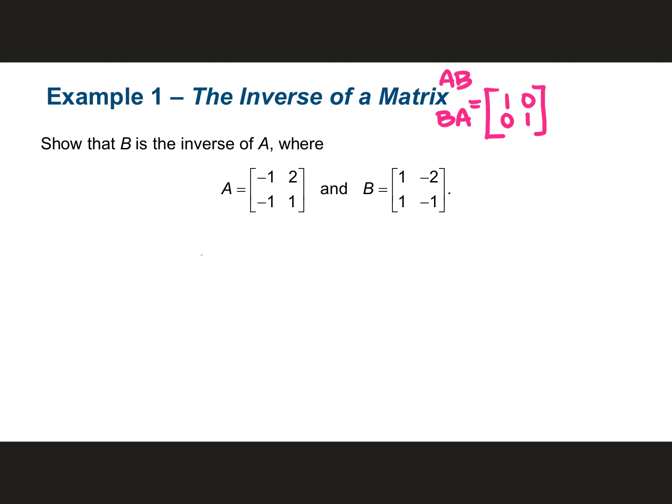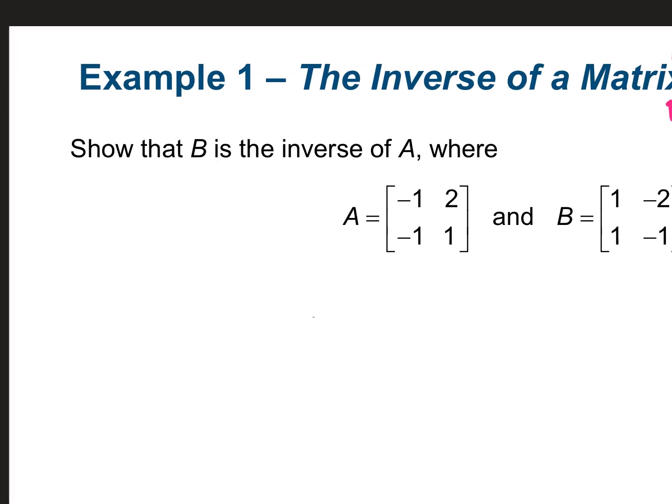Okay, so the first thing that we're going to find, given these two matrices, which are a is equal to negative 1, 2, negative 1, 1, and b is equal to 1, negative 2, 1, negative 1, is we're going to find a times b. So a times b is what we'll find first. A we have as negative 1, 2, negative 1, 1.